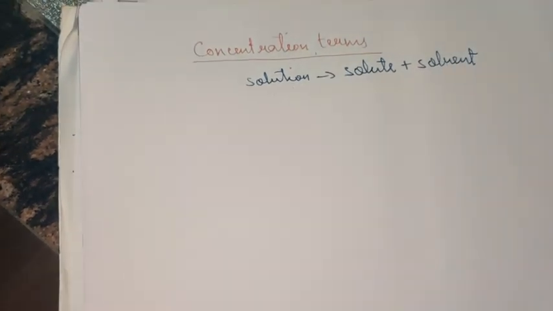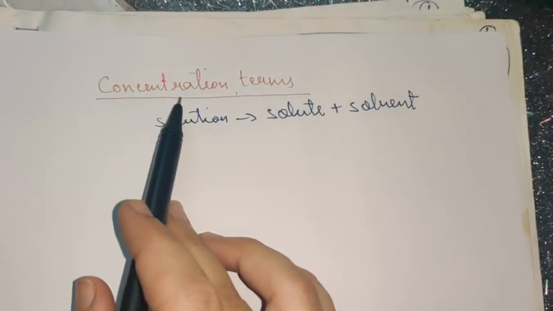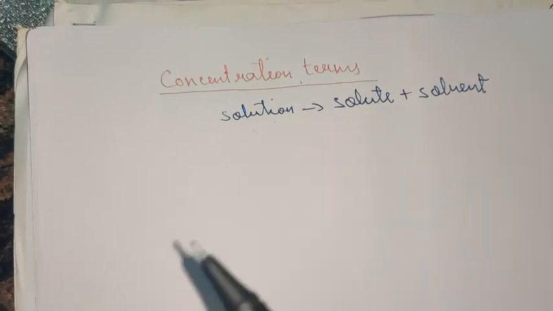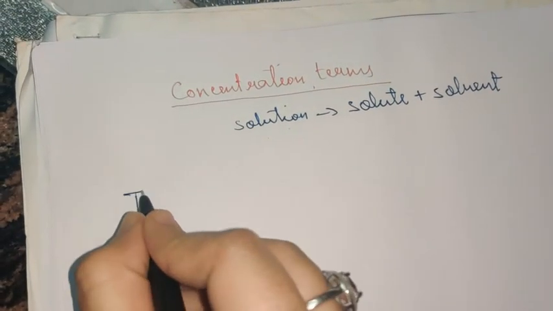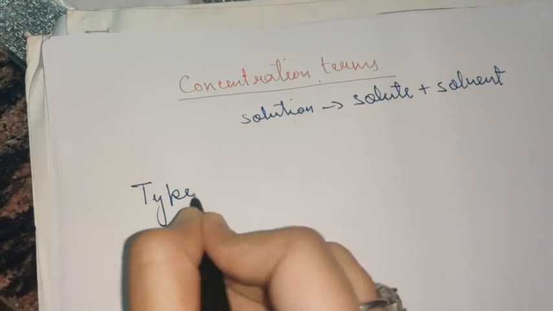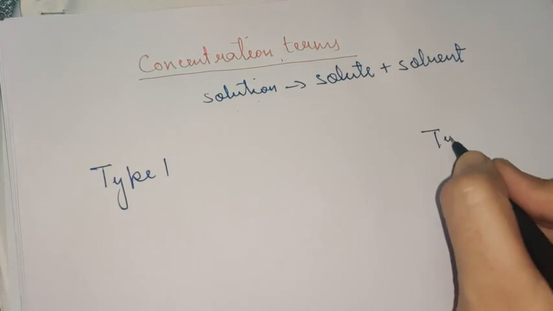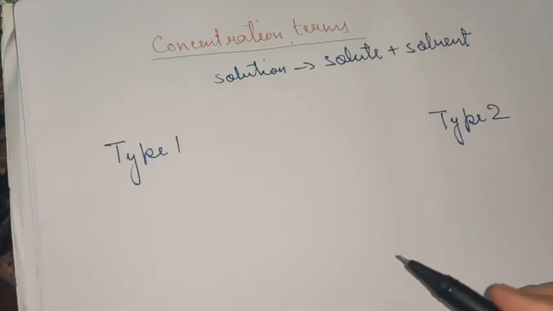Basically, the concentration terms which can be used are divided into two categories or two types. One you can say is type 1. There is no such classification, but I am telling it to you to make it simple. And the other is type 2.